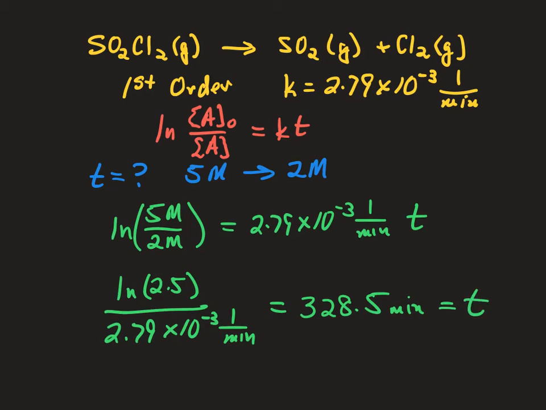So we can predict how much time it will take for a reaction to go from 5 molar down to 2 molar. Okay, so that's an example of a 2-point integrated rate equation problem with a first order rate equation.